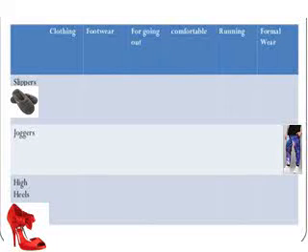So let's try to fill in this semantic feature grid for slippers, joggers, and high heels. For clothing, slippers would be minus clothing, joggers plus clothing, and high heels minus clothing. For footwear, slippers plus footwear, joggers minus footwear, and high heels plus footwear.